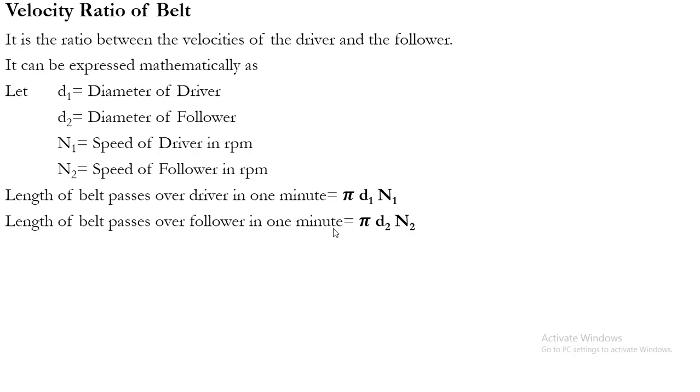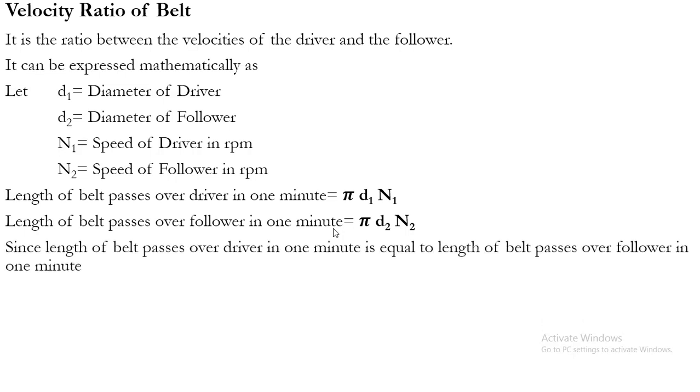And next, we all know that the total length of the belt that passes over the driver pulley is equal to the total length of the belt that passes over the follower pulley in 1 minute. So the same length of the belt has to flow over the driver as well as the follower.